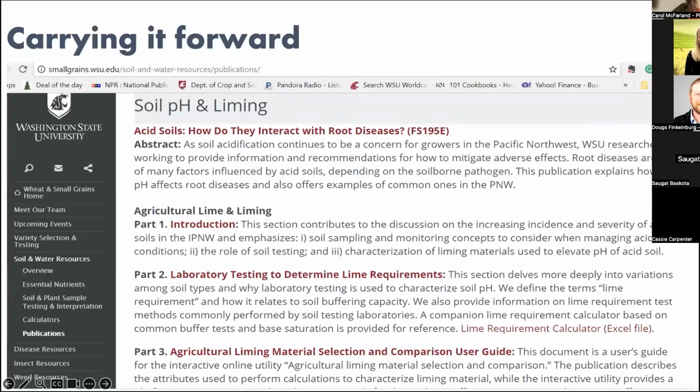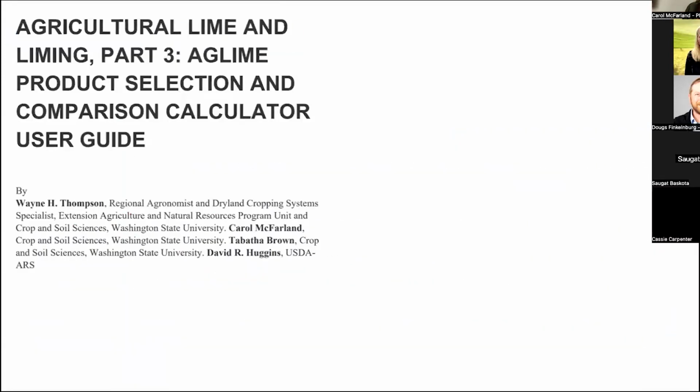And please do go ahead and check out the Small Grains website and the Soil and Water Resource publication. There's a lot of different materials that we worked pretty hard as a team to put out for all of you to hopefully benefit from. One of the things that's on there that I think is going to hopefully be looked at again, because it's been out for a little while and I think was put out before this work was done, is the lime requirement calculator.